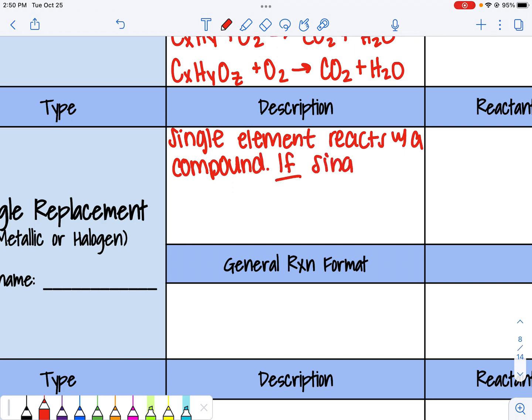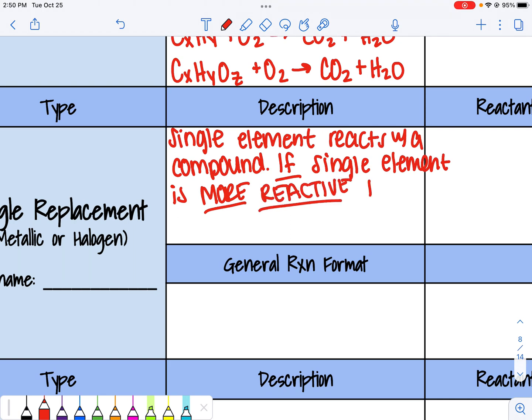If your single element is more reactive than the like element in the compound, the reaction will occur.